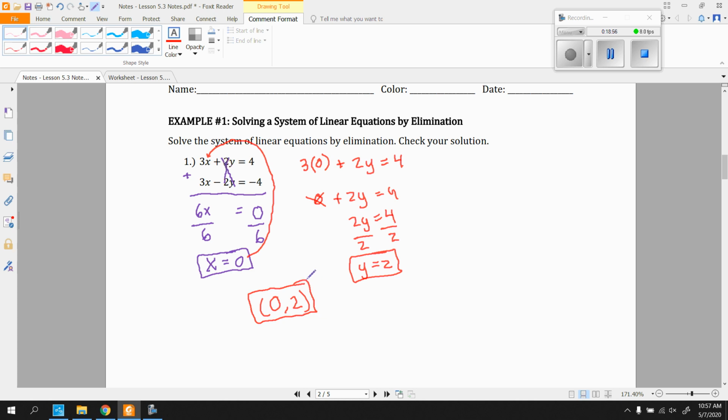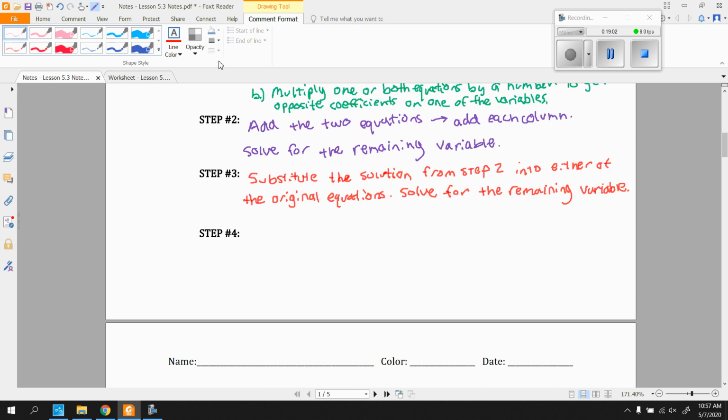What are you going to guess is our last step? Right here where it says check your solution. Okay, so what's a good color to finish with here? Let's do blue.